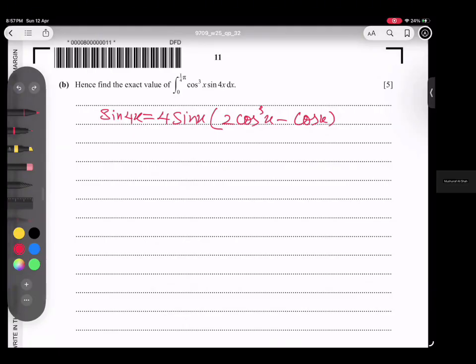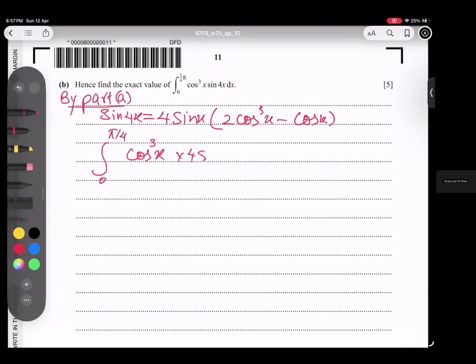And I'm writing now, integral from 0 to pi by 4, cos cubed x as it is, and this sin 4x replaced completely.